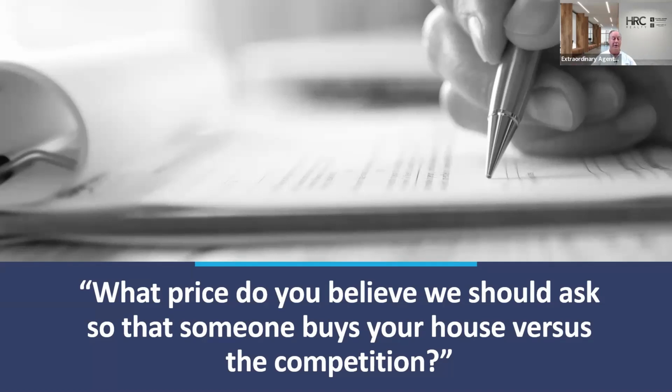And now I can point to that. So here's what we know. You're worth at least this; this is what we should go at. Probably less than these, but right around here should be where our asking price is. Wouldn't you agree? So what price do you believe we should ask to get somebody to buy your home before they would go to the competition? Easy?